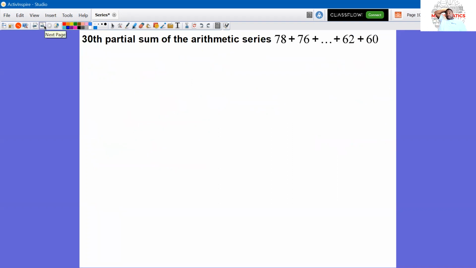Here's another example. Find the 30th partial sum of the arithmetic series 78 plus 76, all the way down to 60. Again, find your common difference first. Looks like it's minus 2 each time. So the common difference is -2, the first term is 78, and n is 30. So S30 is 30 over 2. Actually, let me write my formula out.